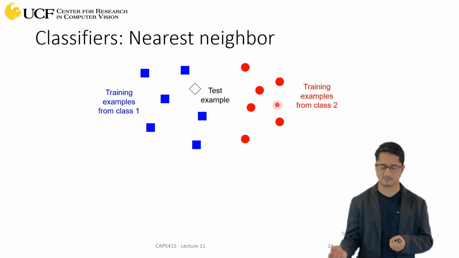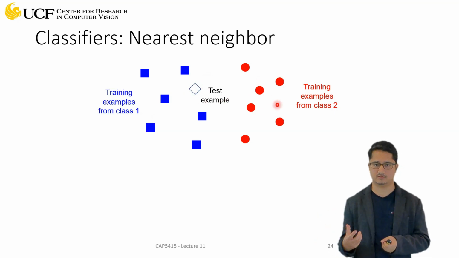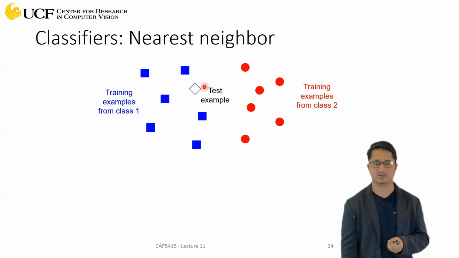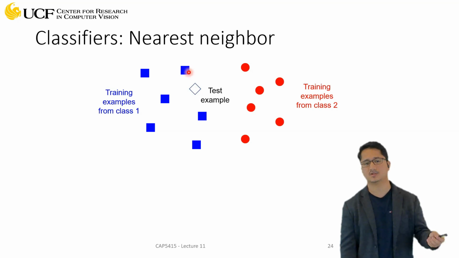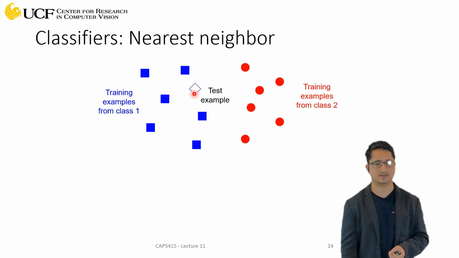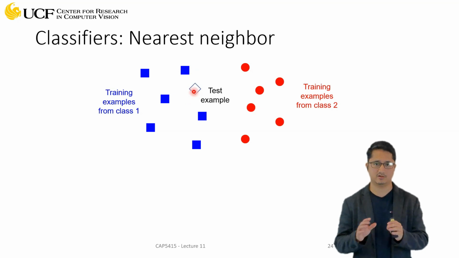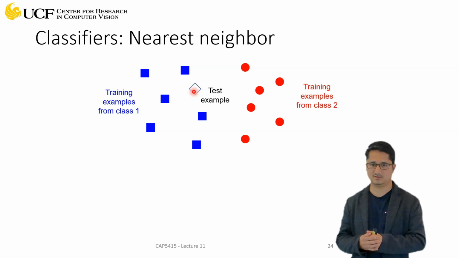Then you sort all those distances, and whichever distance is the shortest, you pick that class. So if this is closest to this blue sample, you say this sample is from the blue category. You assign that category to this test sample, and that's your nearest neighbor classifier.